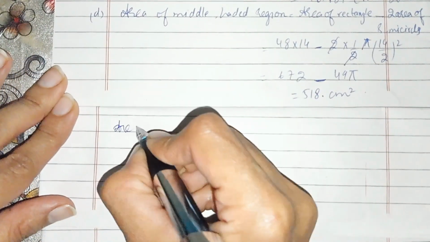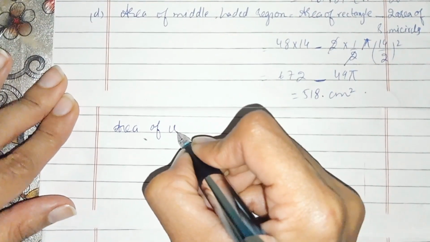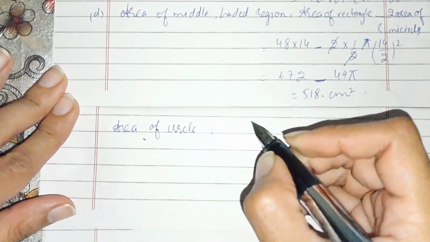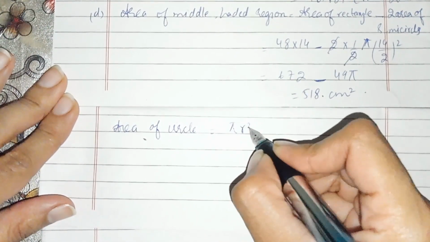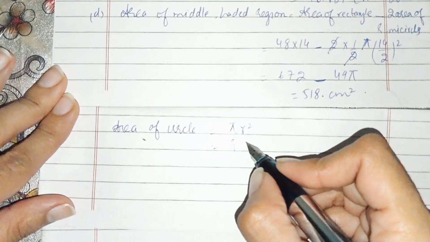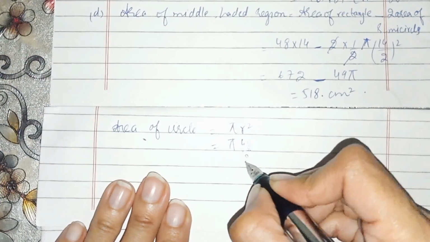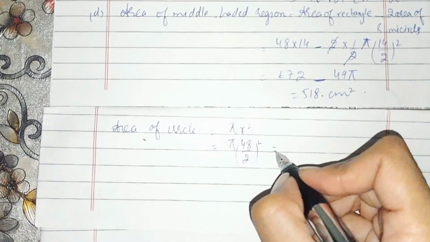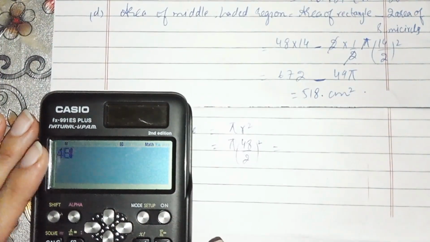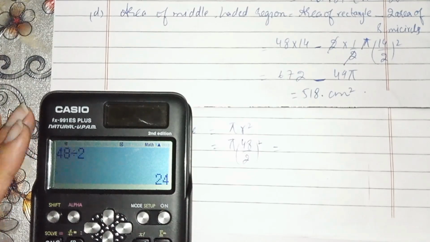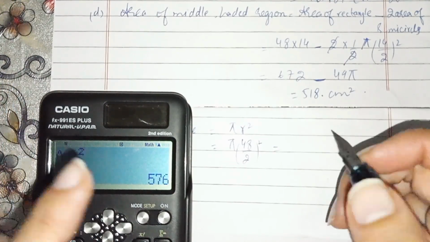Now students, area of circle is equal to pi r square. Pi and r is 48 divided by 2, squared. By solving it, 48 divided by 2, and we get the square of 24.